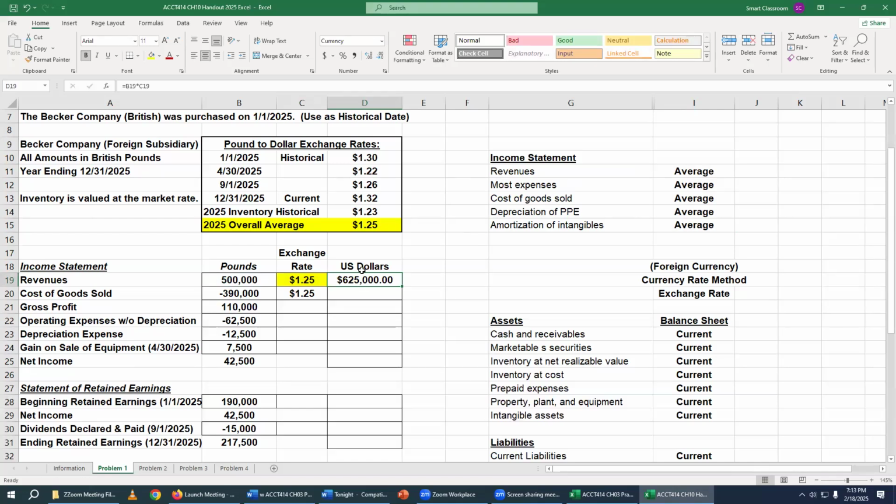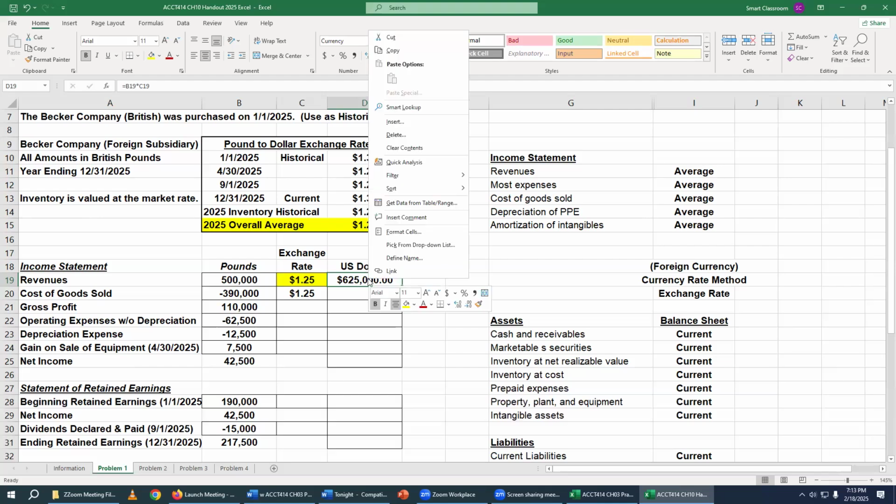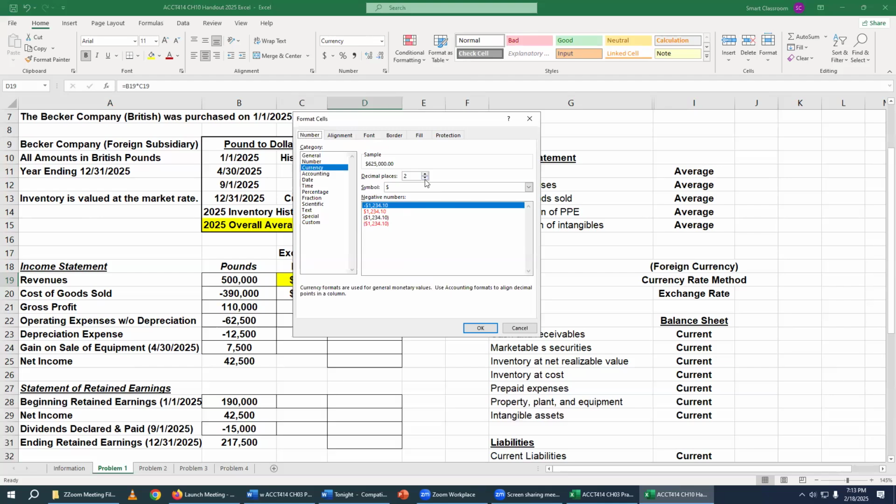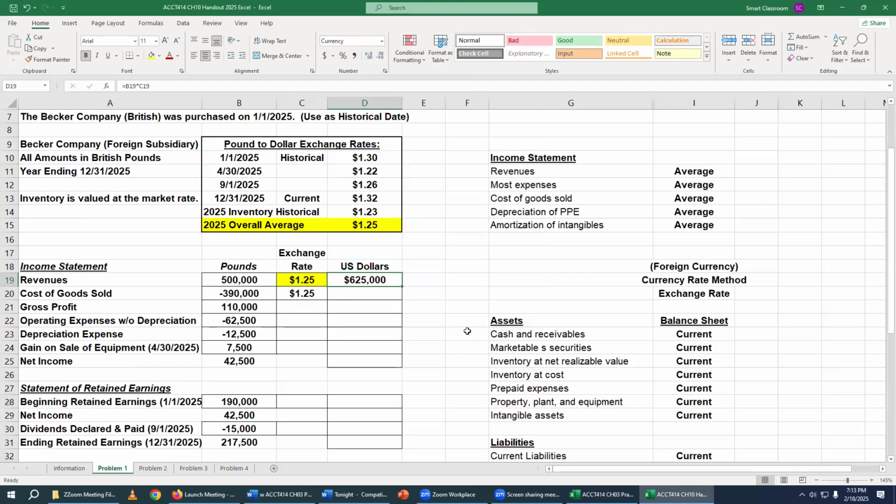I don't think we need the cents. All right, here we go. So 625 will be the revenues.